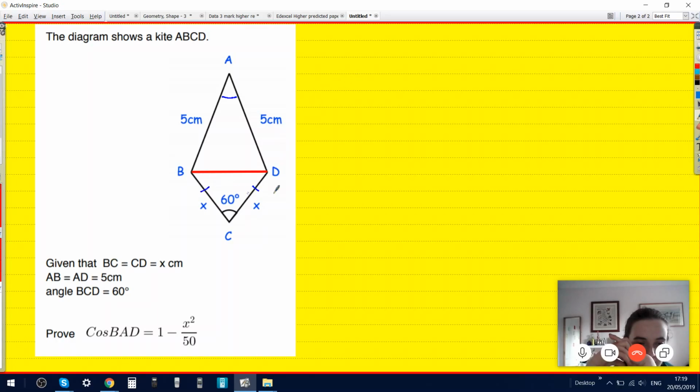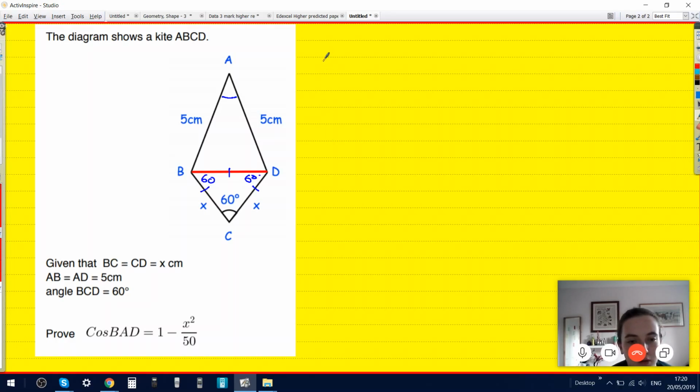This is isosceles. So then in that triangle it's 60. Yeah, it's actually equilateral.